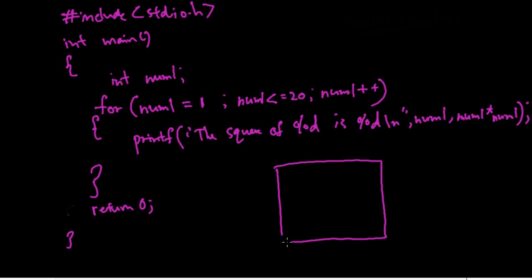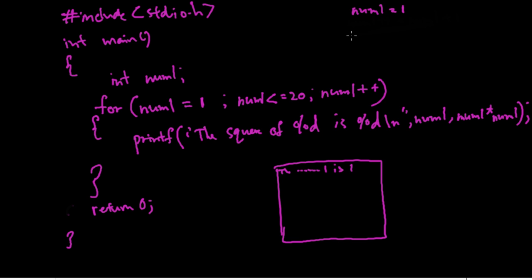So let's do a small dry run on this. We have a screen over here. Alright, first num1 equals to 1. So printf, the square of 1 is 1 times 1. So what the display is that the square of 1 is 1. And next, when it's done here, it'll come up and reinitialize.